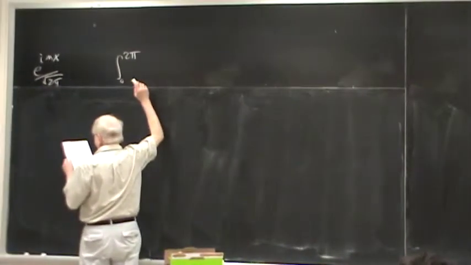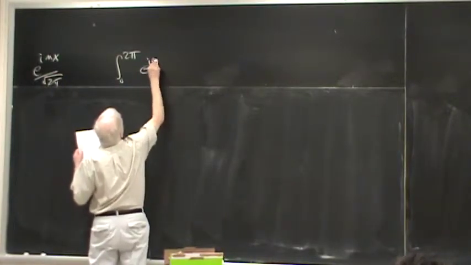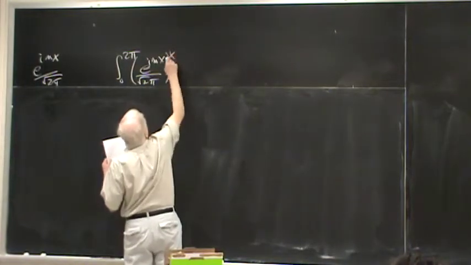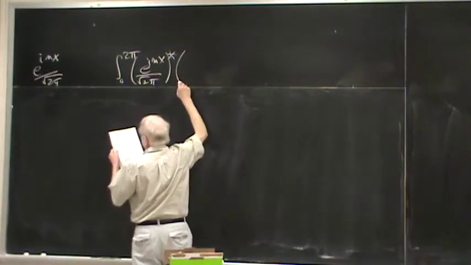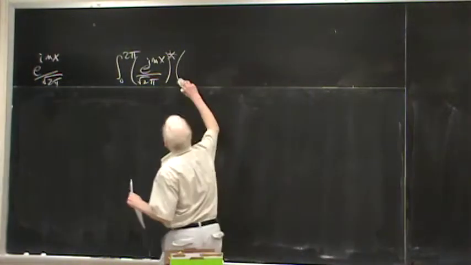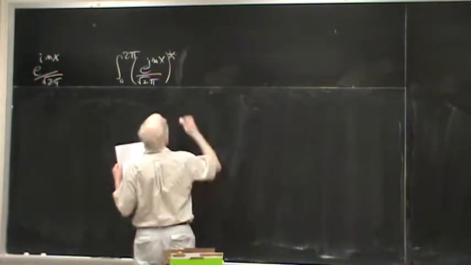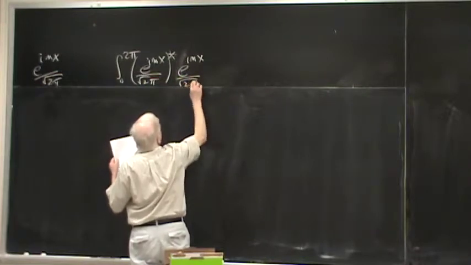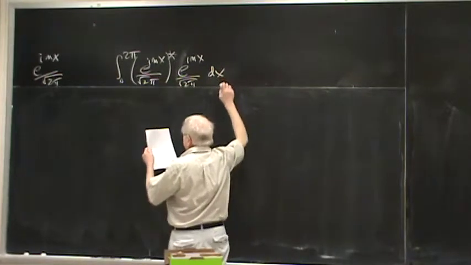And what I mean by that, of course, is the integral from 0 to 2 pi of e to the i m x over root 2 pi, complex conjugate, times e to the i n x over the square root of 2 pi dx.